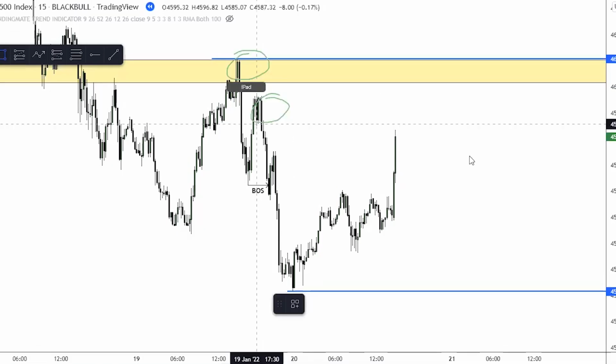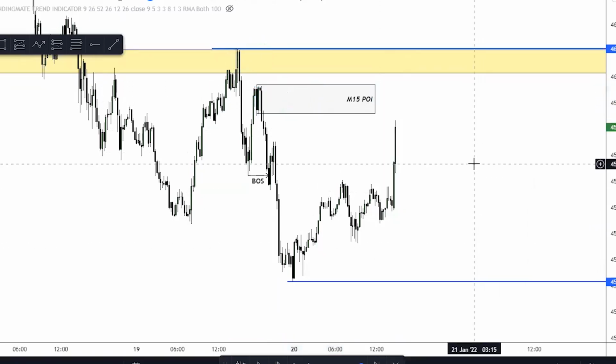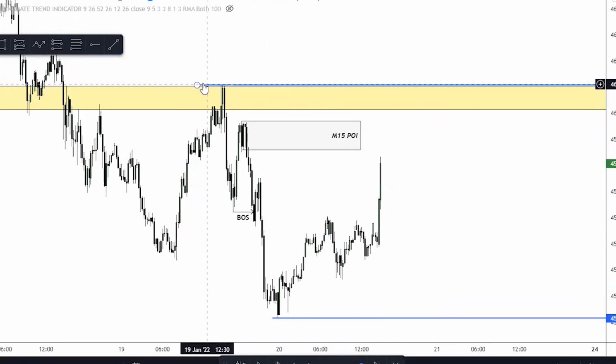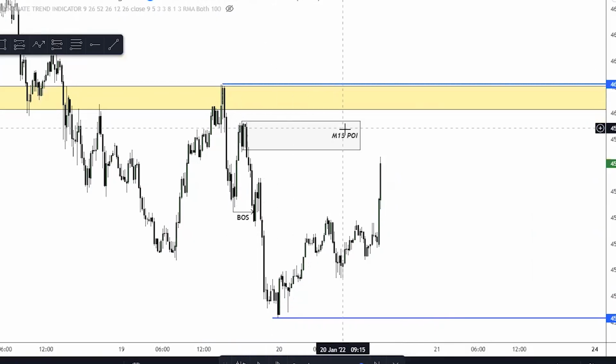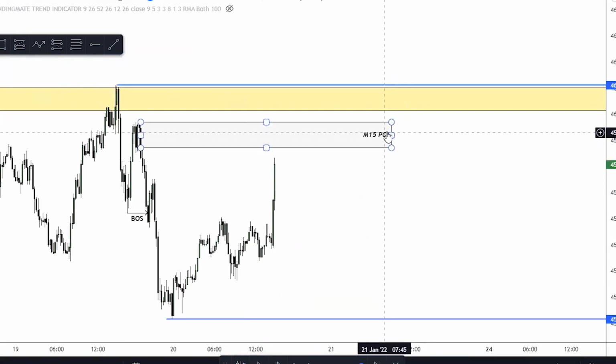No, this one. This one is the best option actually, because for me, if there is an order block or point of interest that is near the key level, not inside the key level, I would choose that. So I would prefer this one better. Small POI right here.